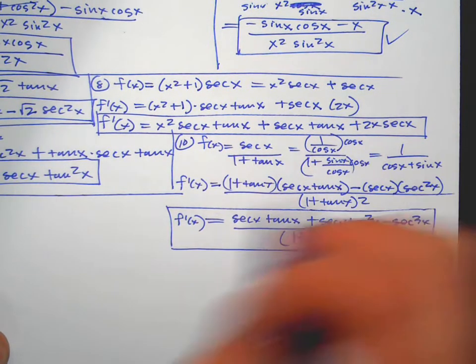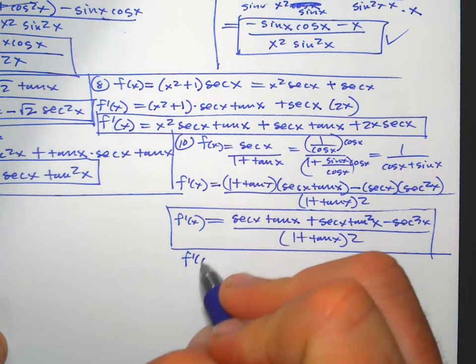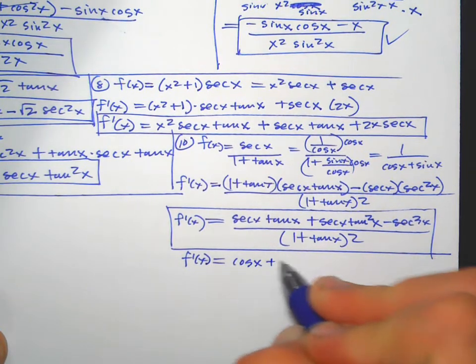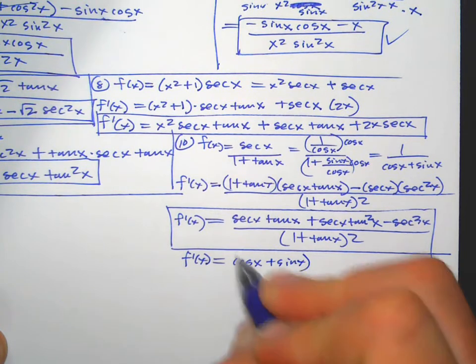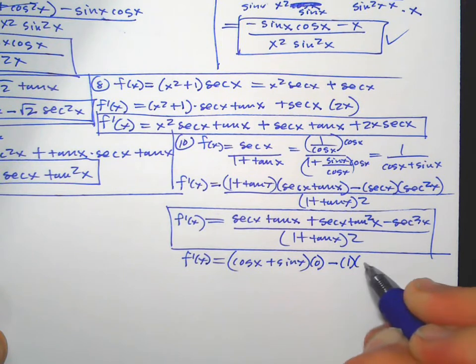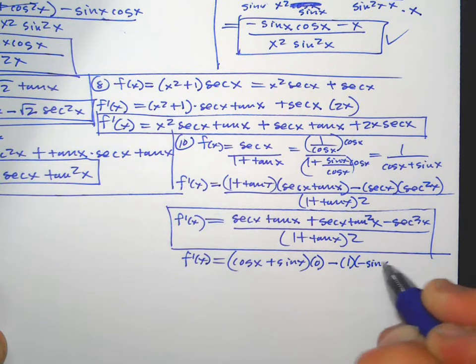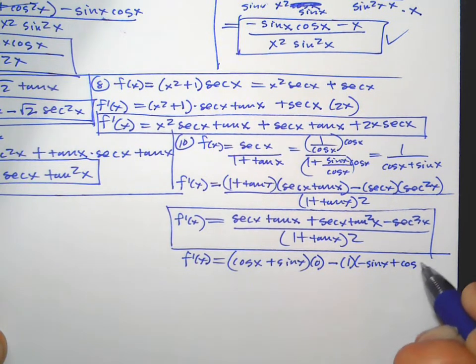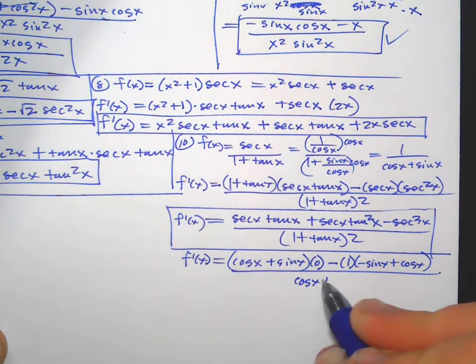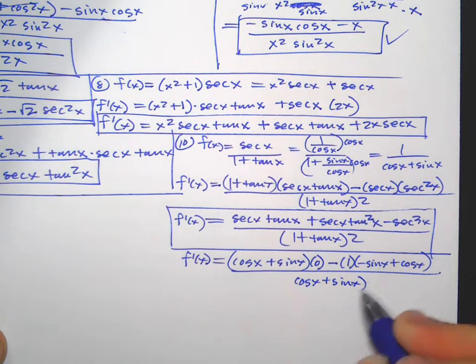Or if you did it the other way, you could do low d high minus high d low, all over low squared.